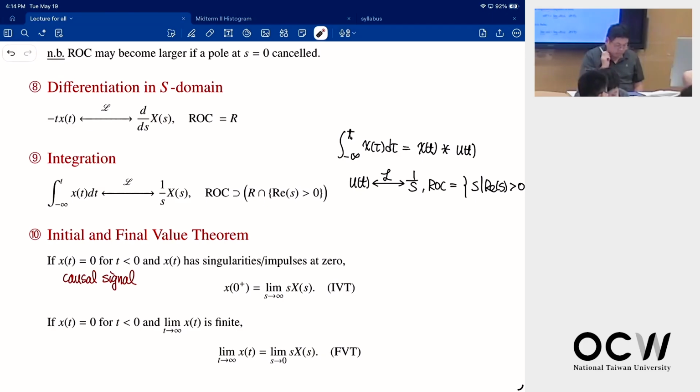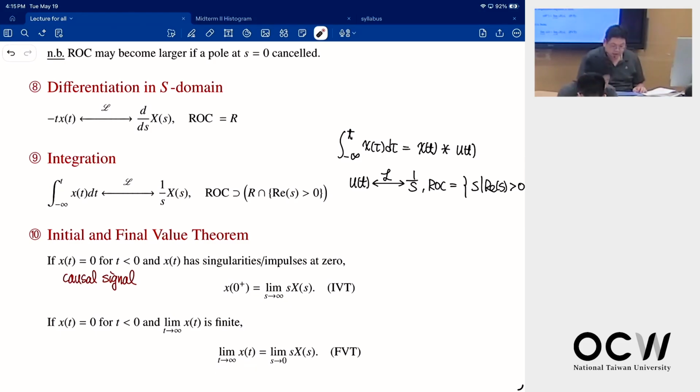So for the initial value theorem, at t equals 0, that means I take the limit of s times the Laplace transform as s goes to infinity. For the final value theorem, s goes to 0. In this case, s goes to 0 means in time domain that t goes to infinity.